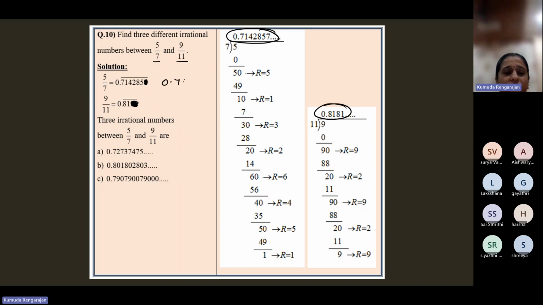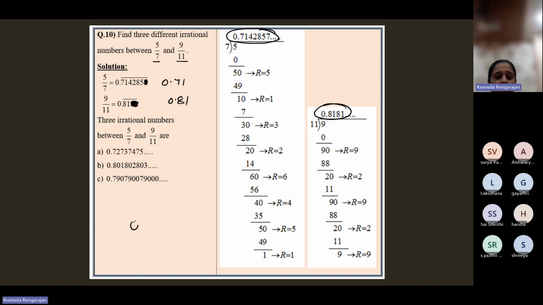So this is like 0.71, 0.81. So between 71 and 81, 0.72, 0.73, 0.74, 0.75, and write anything. Just start like that, 72, 73, and just write whatever you want after that. You should just make sure that the numbers lie between these two numbers.